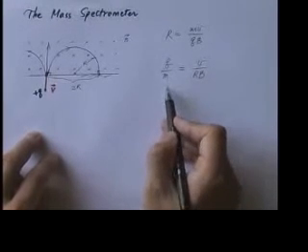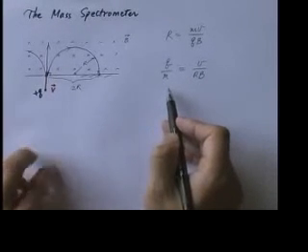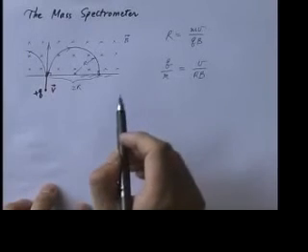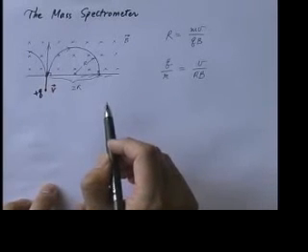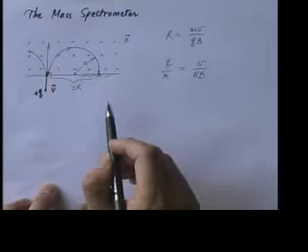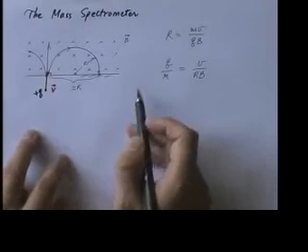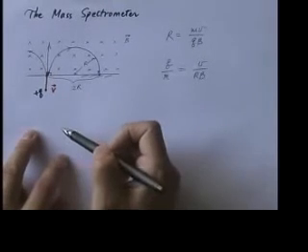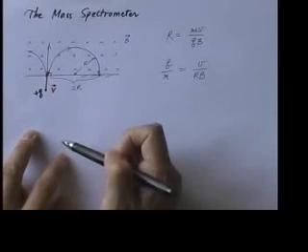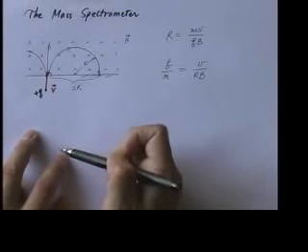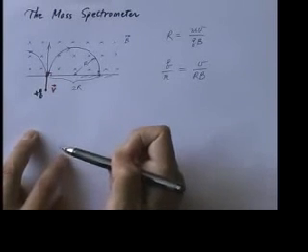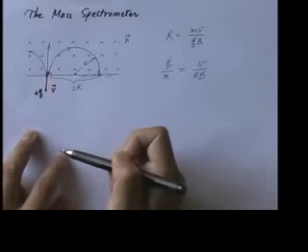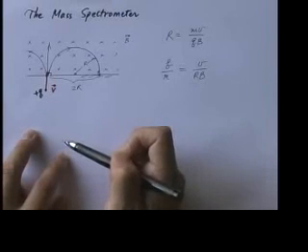In particular, if you have a bunch of ions belonging to the same chemical composition, let's say oxygen ions, but different isotopes, for example oxygen 16 and oxygen 17, the oxygen 17 is slightly heavier than oxygen 16.